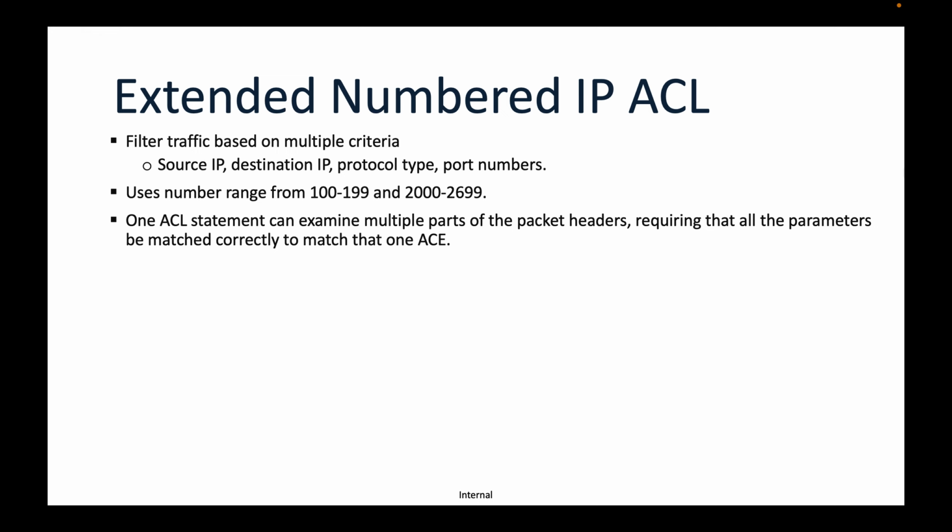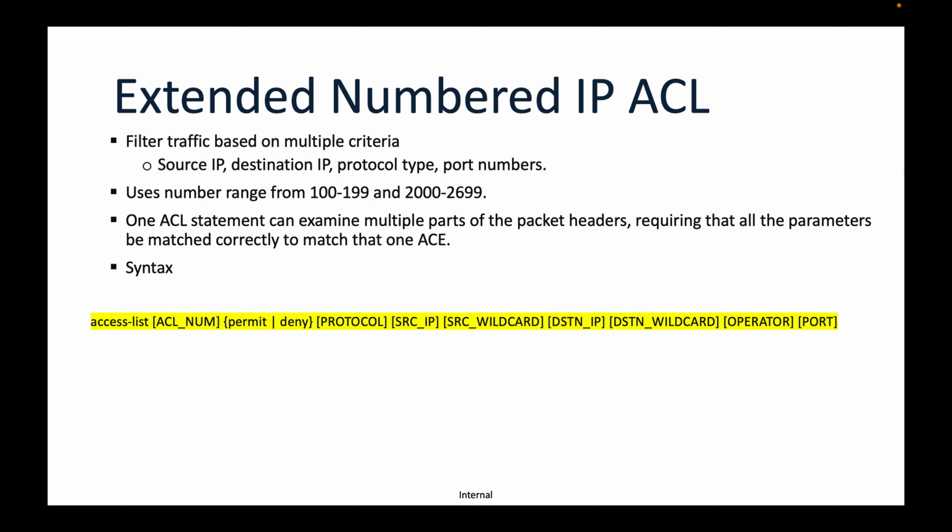Just like standard IP ACL, you enable extended access list on interfaces for packets either entering or exiting the interface. Since it can use a large variety of packet header fields to match a packet, one ACL statement can examine multiple parts of the packet headers, requiring that all the parameters be matched correctly to match that one access list element.